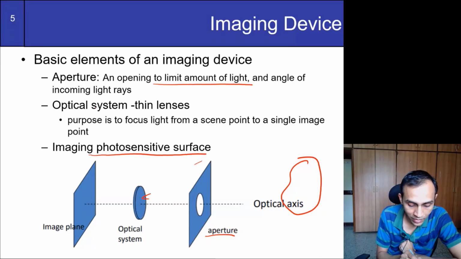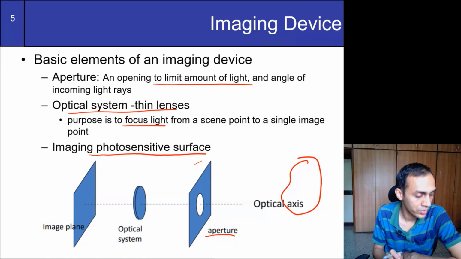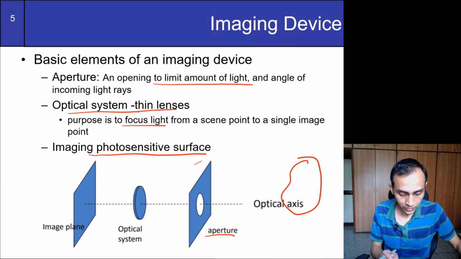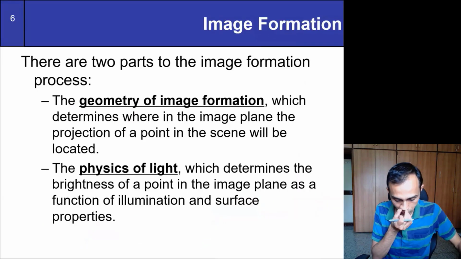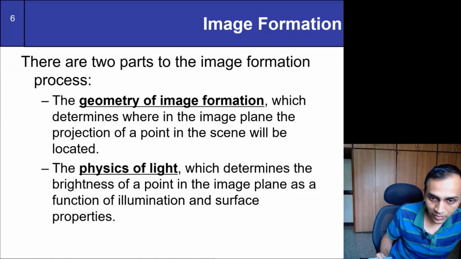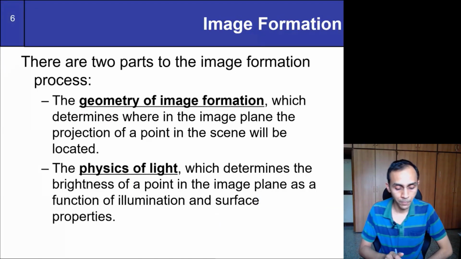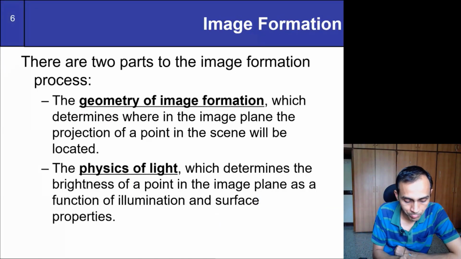And then there is a thin lens optical system whose task is again to focus the light on the focal plane, the image plane. So that lens is also required for forming a sharp, focused image of the object. We'll discuss this only briefly.